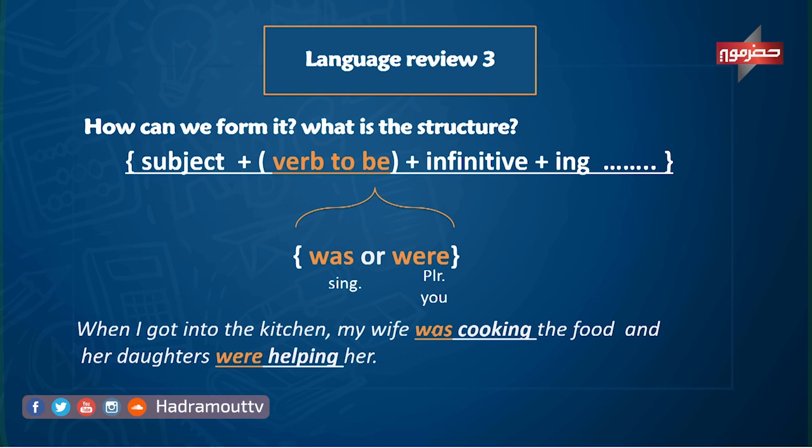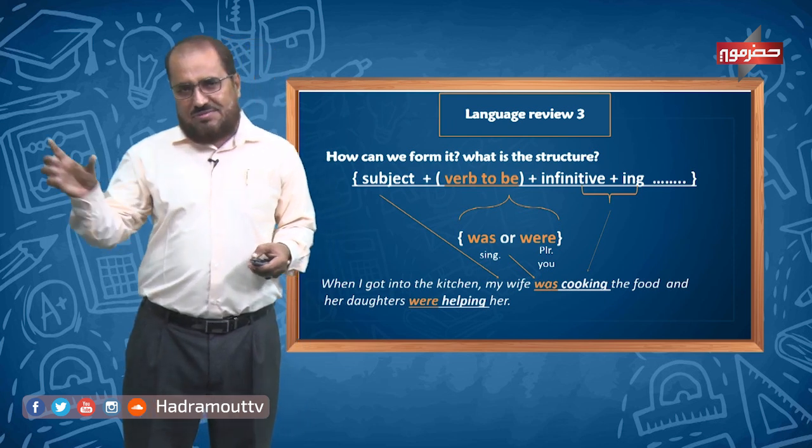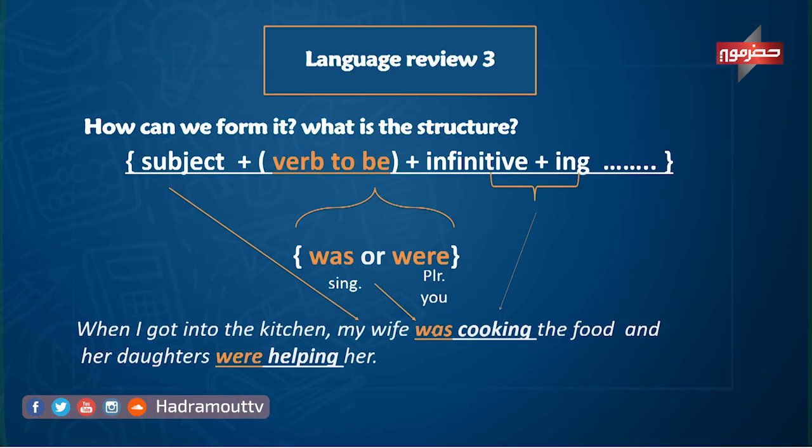Okay, let's now match the example to the structure. Where is the subject here? Look, my wife. This is the subject. My wife is the subject. Verb to be, was. Infinitive plus ing, cook, then add ing, cooking. This is the first sentence. The second sentence after and is additional information about her daughters.